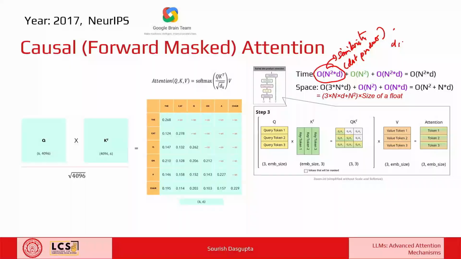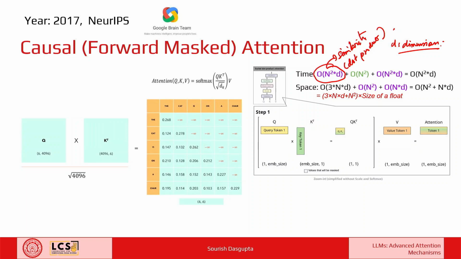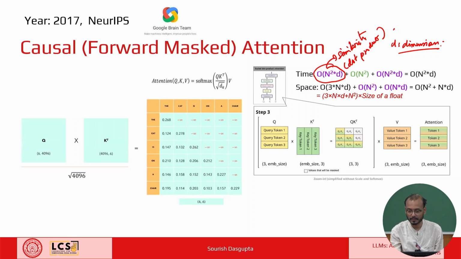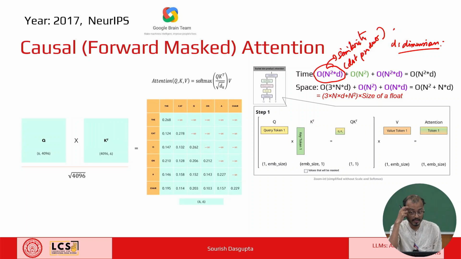right? And this takes n square multiplied by d, where d is what? The dimension. So what is the dimension of each token, right? So n square, why n square? Because you're just doing q cross k transpose, and that would give you an n square time complexity.